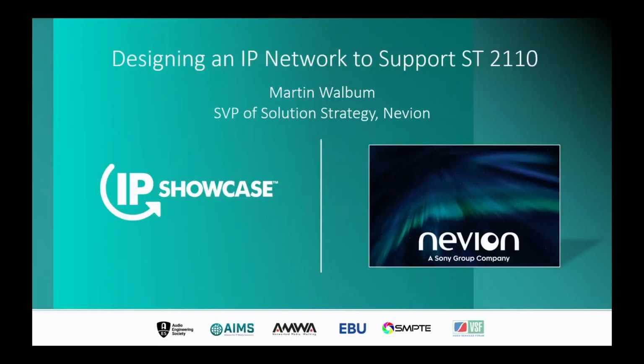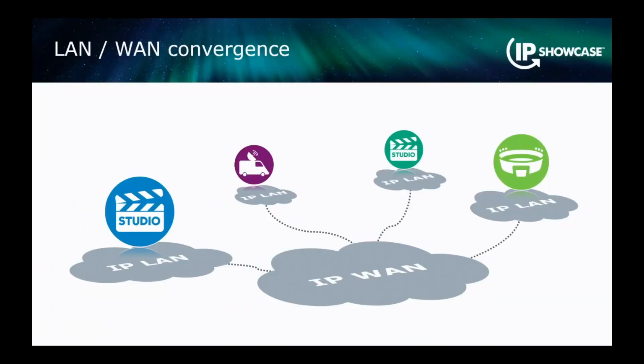So, before we go into trying to design anything, we need to know what we need to design it for. An IP network is many things. There's one big trend that has been going on for a long time, this convergence between wide area networks and local area networks. And we're actually designing 2110 networks for both and also for the combination of the two.